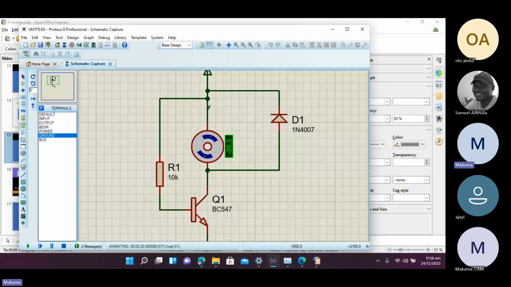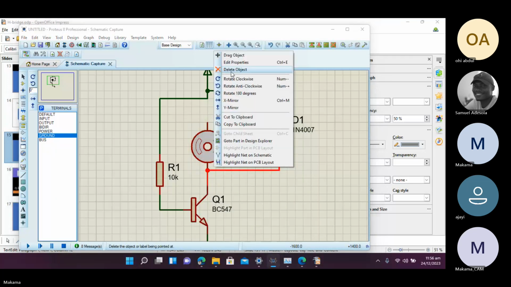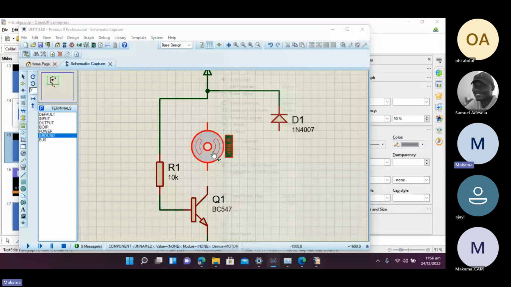That means this place is the negative of the motor, and I'm powering it through the negative. So if I rotate this motor, this number will become positive. We don't need to waste too much time on this, right? You can just stop the simulation, rotate your motor, and just do 180 degrees.